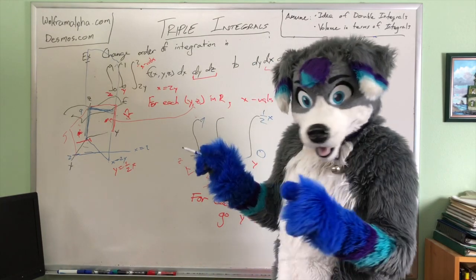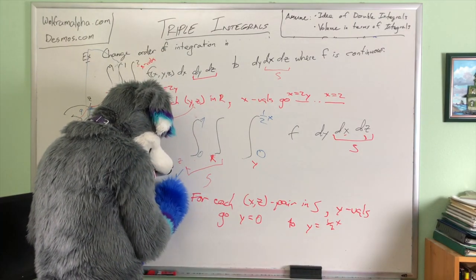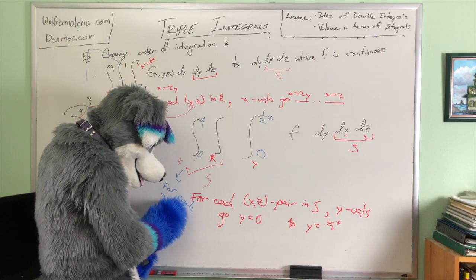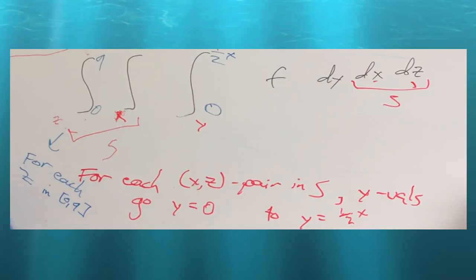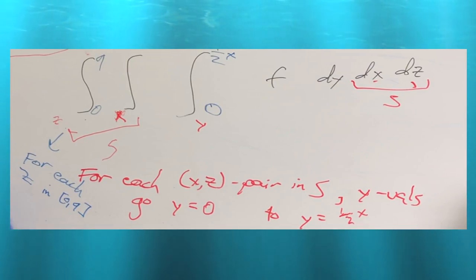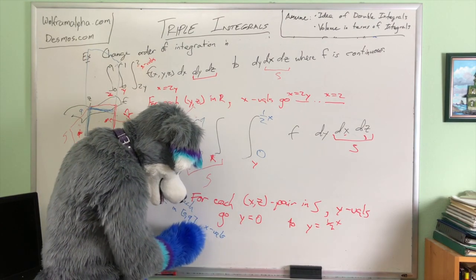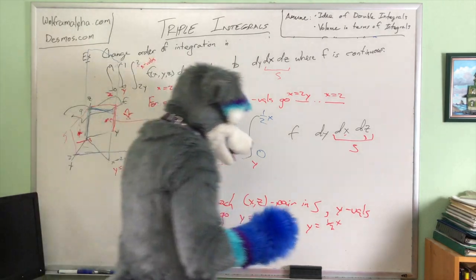But now, for z in the interval 0 to 9, the x values go x equals, where did they go?